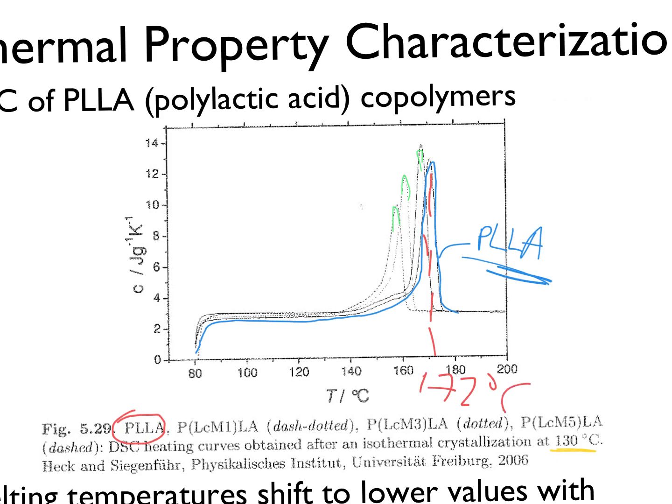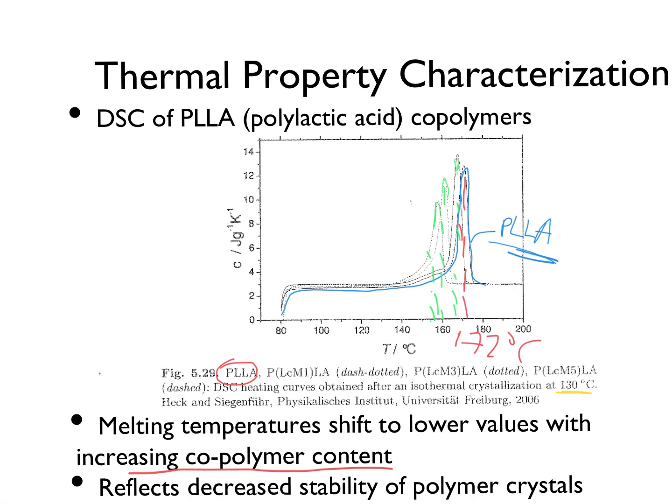Then we go to these other temperatures, and you can see this first one is more like 160 something, and then this one is right around 160, and then this is below 160. And so the essential melting point that we're seeing is starting to decrease. What that means is we're seeing lower melting temperatures for these increased contents of the copolymers. Any questions about that so far?